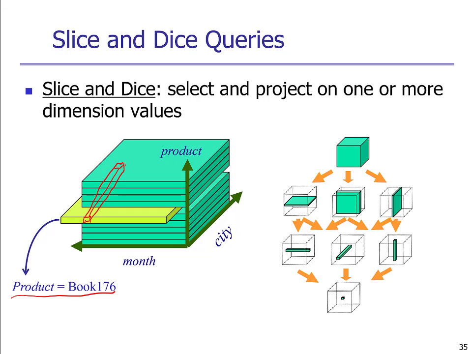It is still a cube, but has only one dimension, right? So a cube something like this. So this is dice, and of course we can dice to a 0-dimension cube. So for slice and dice, apparently it will reduce the dimension.